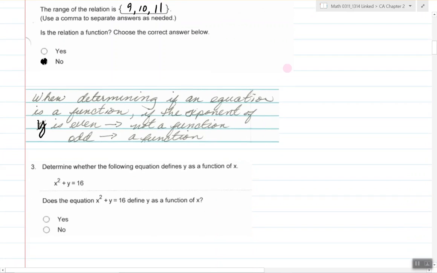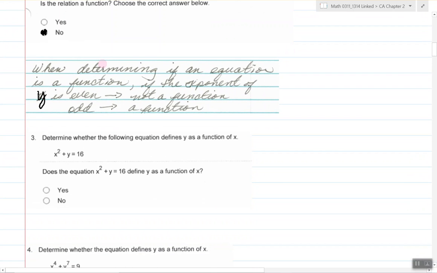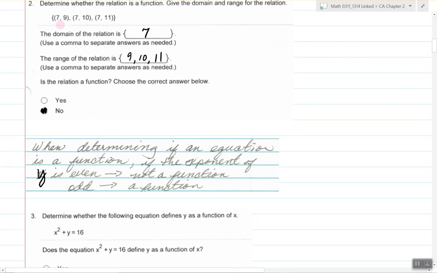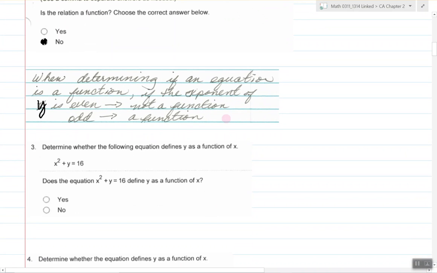All right, moving on. When determining if an equation, not a set of ordered pairs like we were looking at, is a function, we're going to look at it for polynomial functions only right now. If the exponent of y is even, then it's not a function.